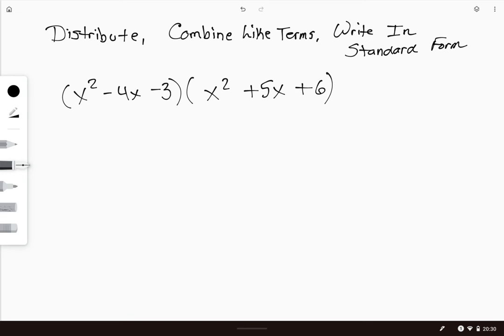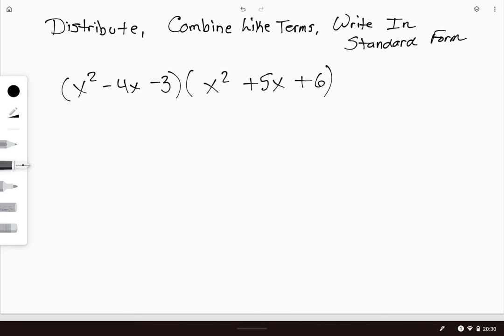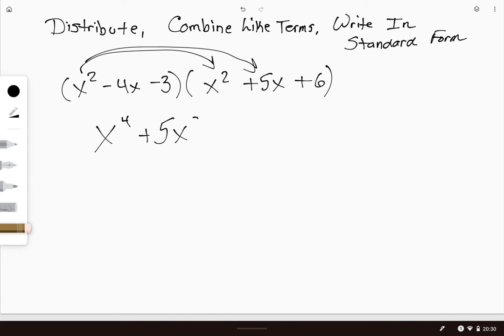So same thing, we'll distribute, combine like terms, and write it in standard form. So x squared times x squared, keep the base and add my exponent, so that's x to the 4th. So this becomes plus 5, keep the base, add my exponents, or excuse me, that's x to the 3rd.